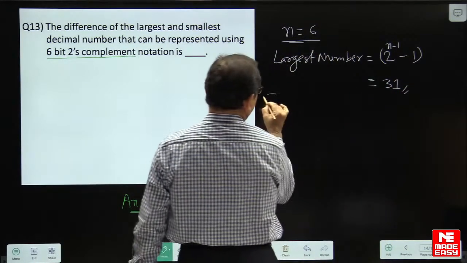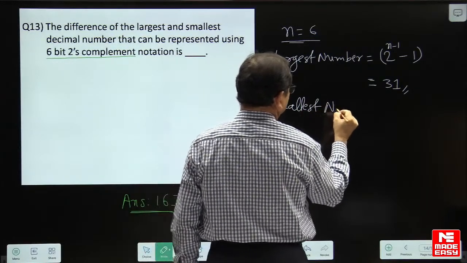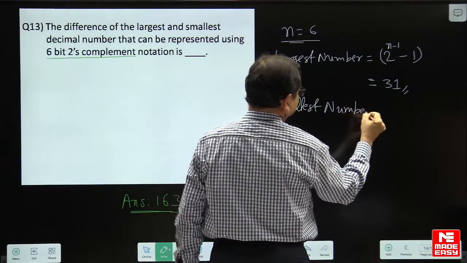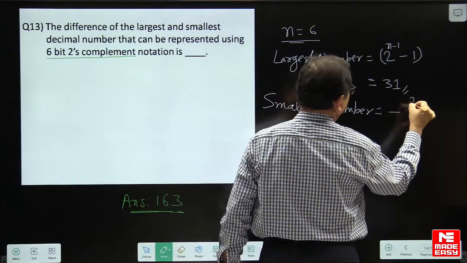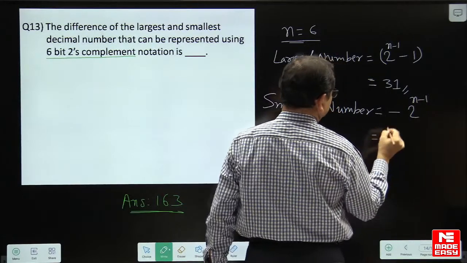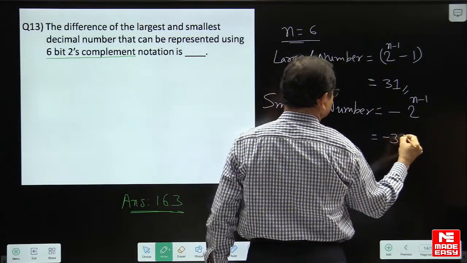And the smallest number possible to represent is minus 2 to the power of n minus 1, so that is minus 32.